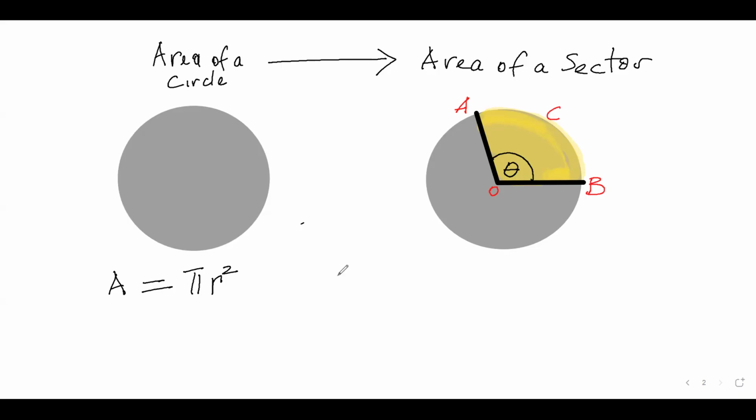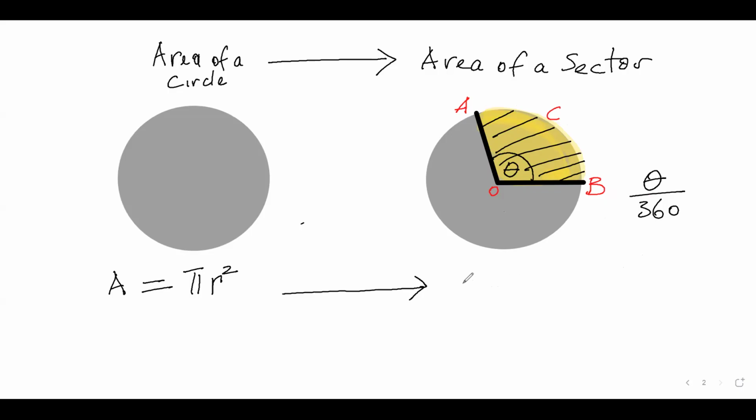But if you notice, this shaded portion is a fraction of the entire circle. The shaded portion is a fraction of the entire circle. This fraction is, again, theta over 360.